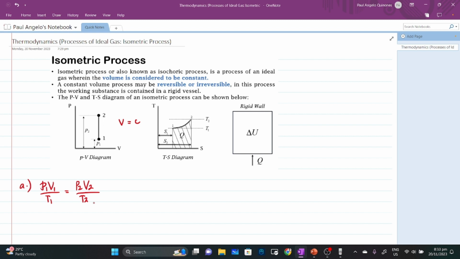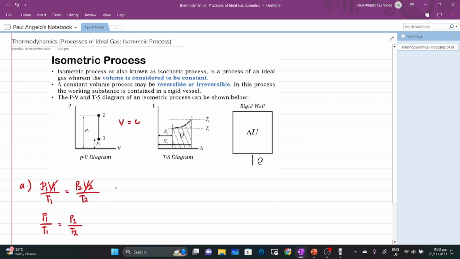As we've said in our assumption, volume is constant. Therefore V1 and V2 cancel out, because they are equal to each other, leaving us with P1 over T1 is equal to P2 over T2.